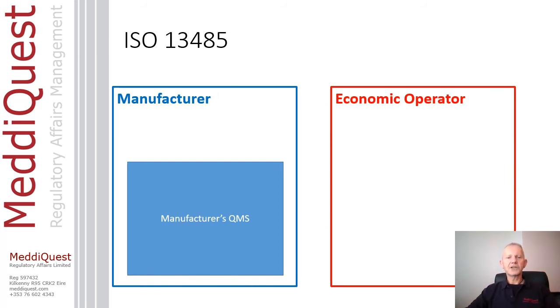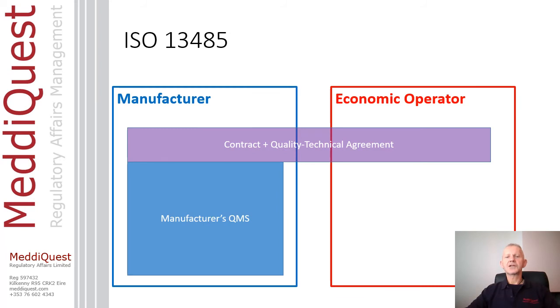Okay, so how does this work with 13485? What we have in the past is very much the manufacturer has their quality management system. As part of that, they put in place a contract and quality and technical agreement with the economic operators.